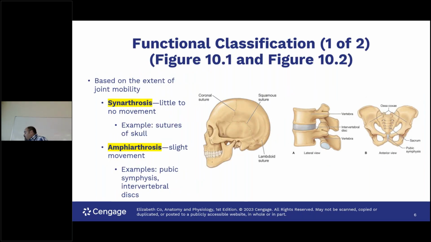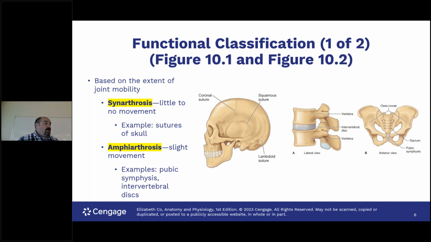Then we go to functional classifications. We're going to have a synarthrosis, an amphiarthrosis, and a diarthrosis. It's the next slide. That diarthrosis, or diarthrodial joint, is what you're thinking about when you think of joints also. Your patients will think of these freely movable joints, okay? So let's look first at synarthrosis: little to no movement.